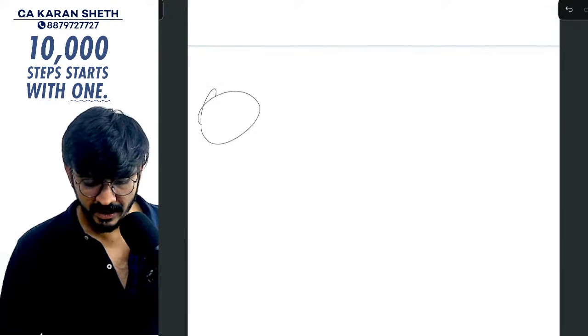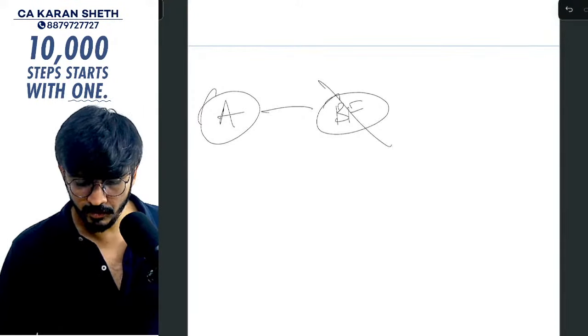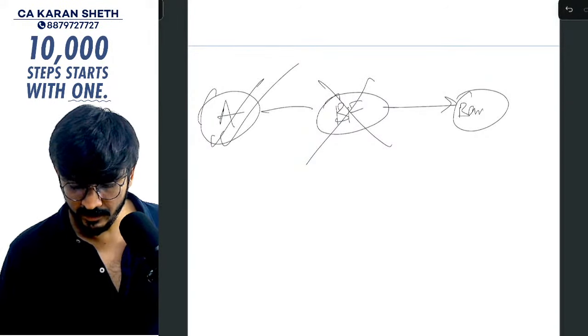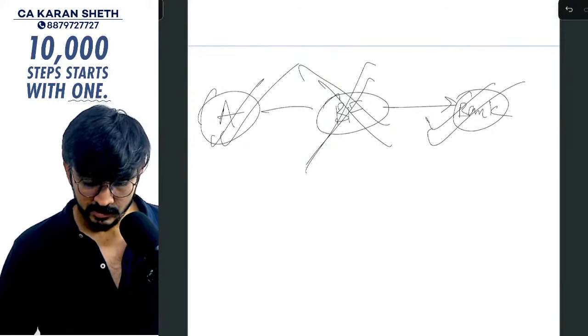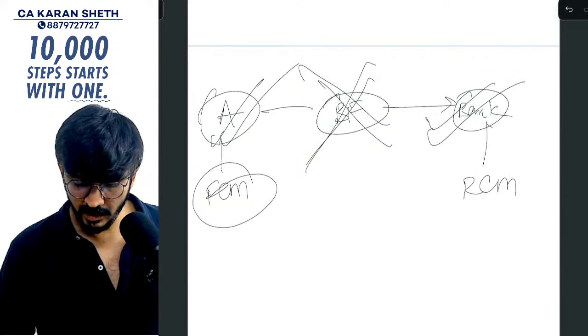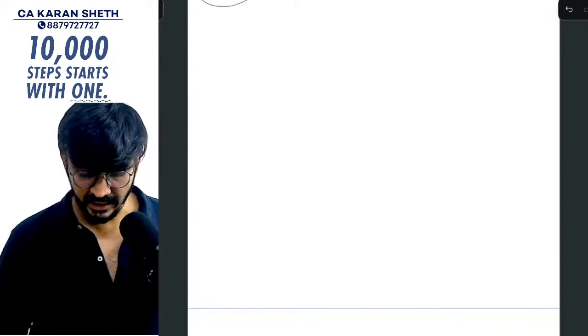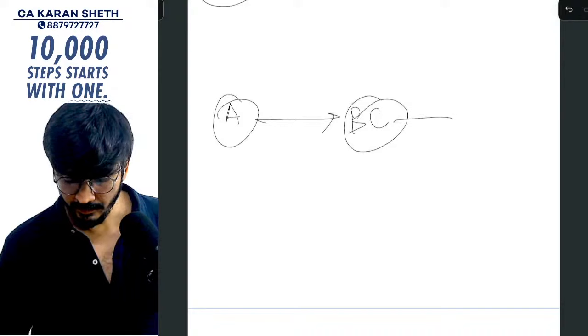So always remember, agent and BF. Will BF do any work? No. Agent will pay tax. BF and bank, again, will BF do any work? No. Bank will pay tax. So your agent will pay as per FCM and your bank will pay as per RCM. Gotcha? Second, agent, BC, bank.